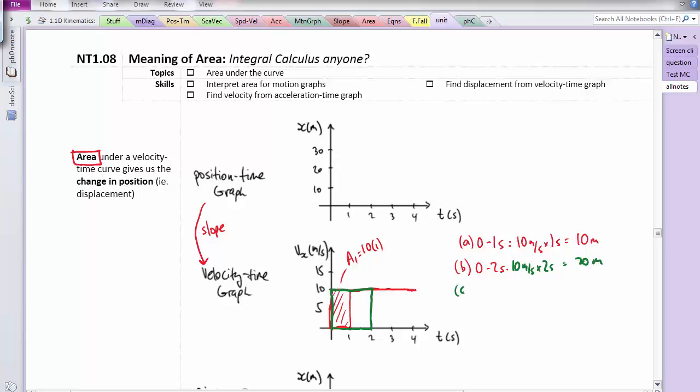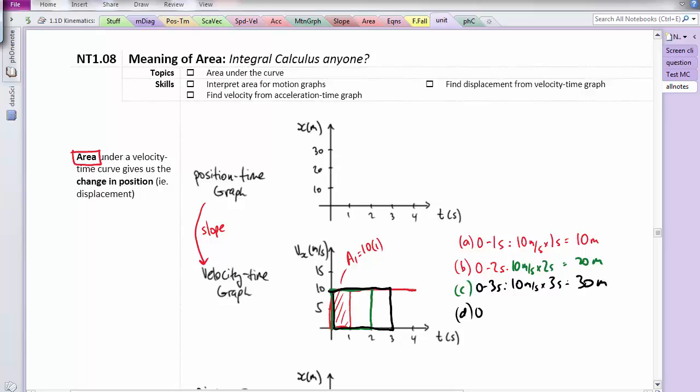And we could do this for C, for the first 3 seconds. For 0 to 3 seconds, we have 10 meters per second, the height, times the length, 3 seconds, and that gives us 30 meters.